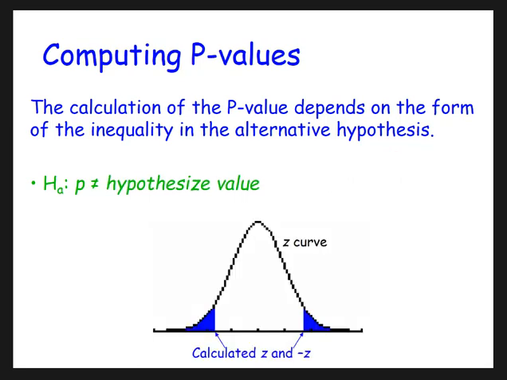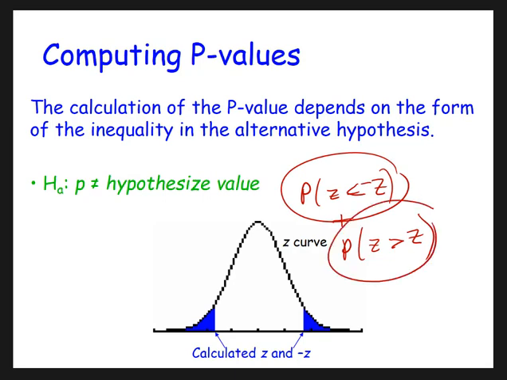If it is a two-tailed test, not equal to, well then it's a combination. It's the probability of getting a z-score less than the negative of the value that we got, plus the probability of getting a z-score greater than that test statistic. Now, luckily, these two probabilities are always the same, so it can always just be 2 times the probability.